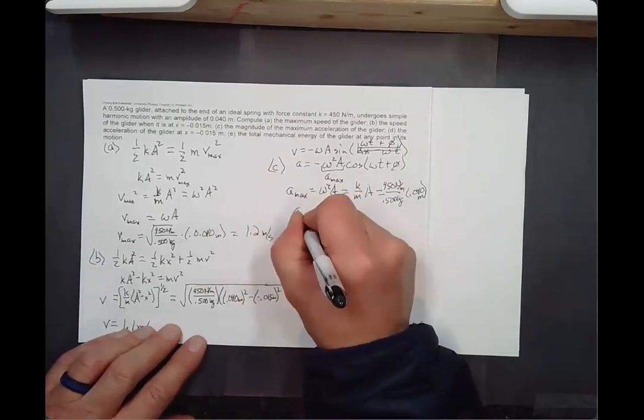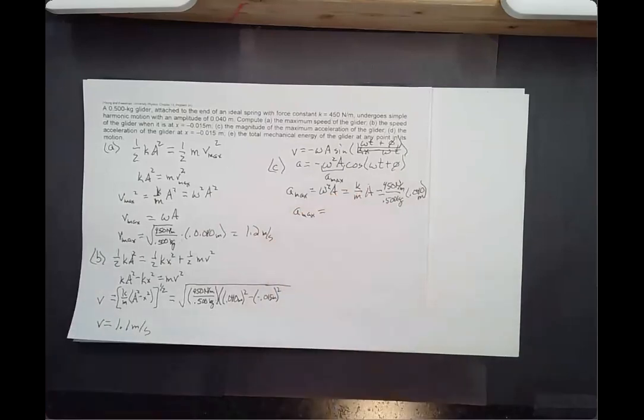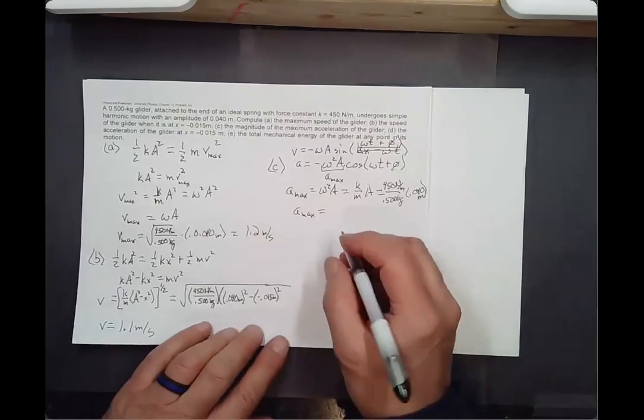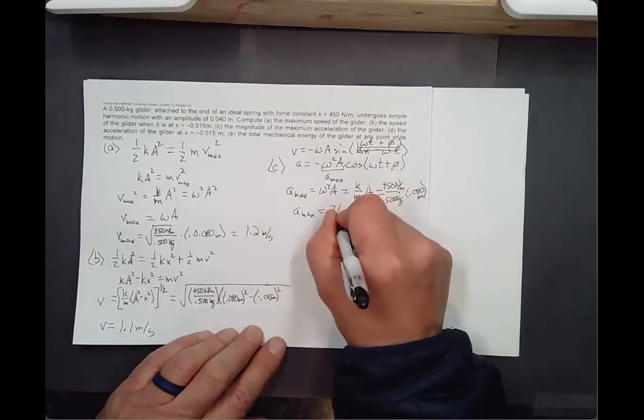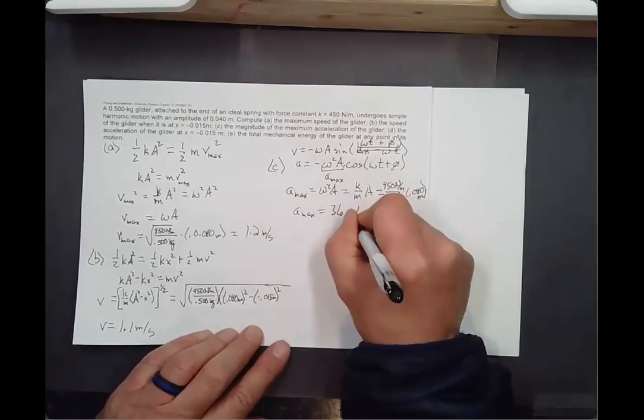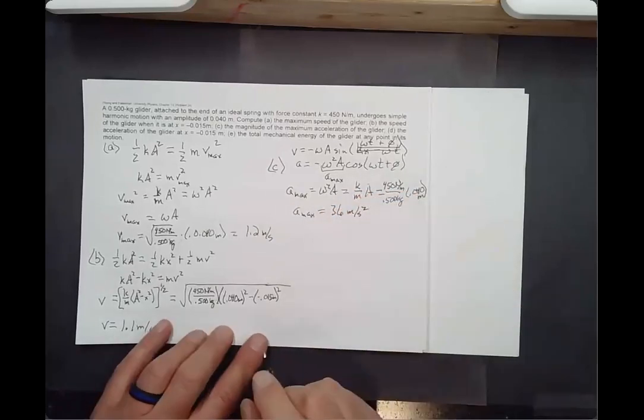So a max, not so terrible to calculate. This is 900 again. And I get 36 meters per second squared.